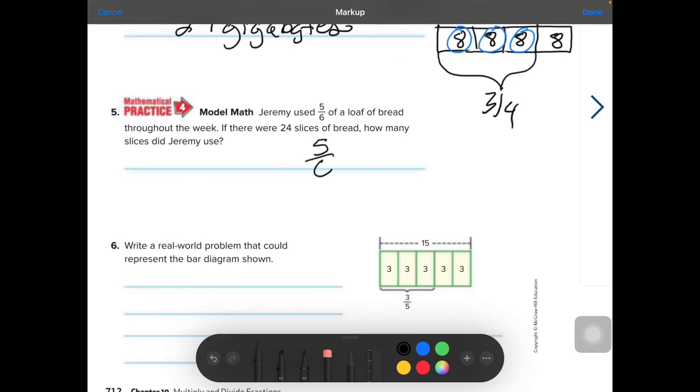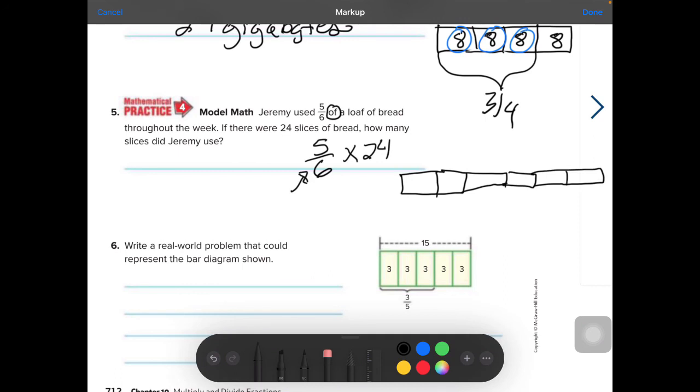Okay, here we go. Jeremy used 5/6 of a loaf of bread throughout the week. If there were 24 slices of bread, how many slices did he use? So 5/6 of 24. So there's our denominator. We know we need to draw 6 boxes. 1, 2, 3, 4, 5, 6. Boy, that was kind of a crooked box. Hopefully yours looks better.